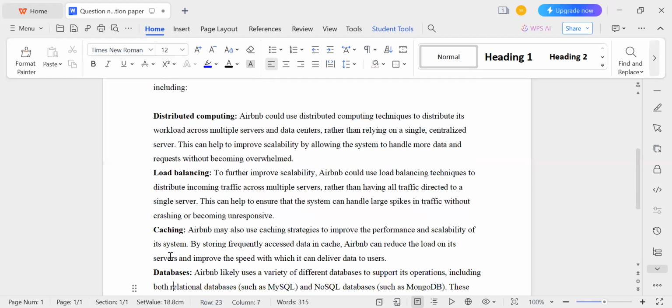So caching involves storing commonly used information, repeatedly used information, in a temporary storage area, and that is what we call caching. So Airbnb can use this caching technique to make its system work better. By doing this, Airbnb can give less work to the main server.